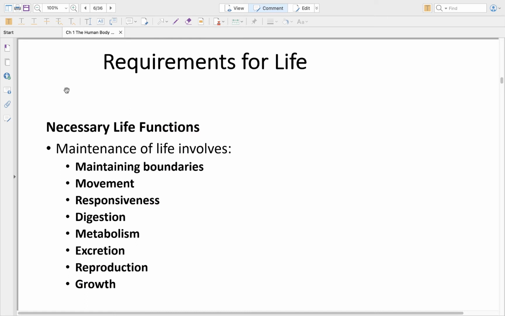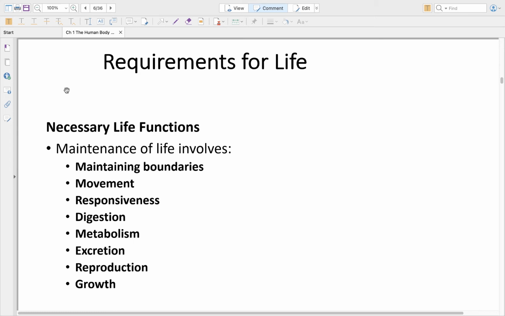All right. Next topic. Now, in science, generally we like to classify everything, right? And so, of course, scientists have definitely laid down some guidelines to tell us what is required for something to be considered alive.